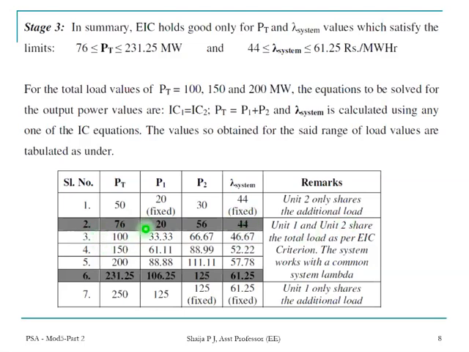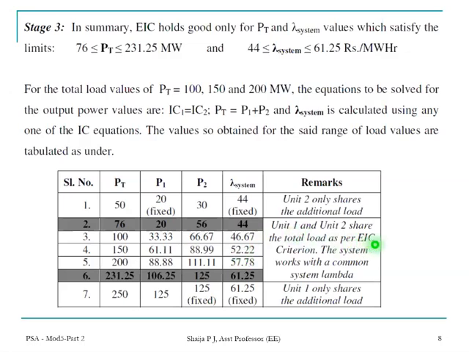And the condition of minimum was 20 plus 56 equal to 76 at a lambda system of 44. And increasing that to 100, 150, 200, etc., what are P1 and P2 being found here? And the corresponding system lambda increases from 44 to 46, 52, 57, etc.